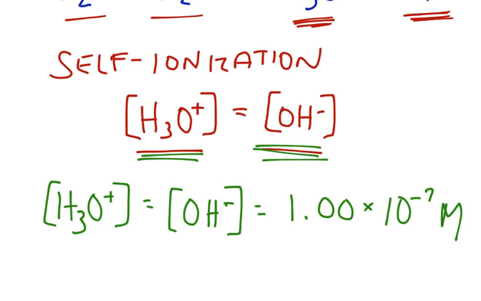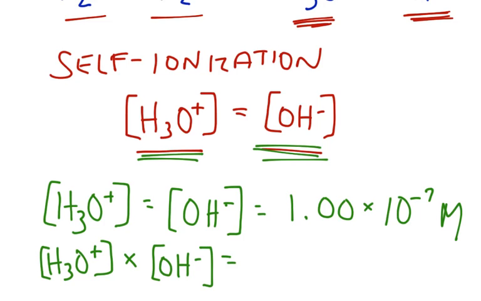That's the concentration of acid and base in your pure water. So we go a step farther, okay? If the two of them are both equal to that, then I want to see what happens if I multiply them together. So if I multiply the concentration of my hydronium times the concentration of my hydroxide, what I got was 1.00 times 10 to the negative 14 molar solution. And that was with pure water.